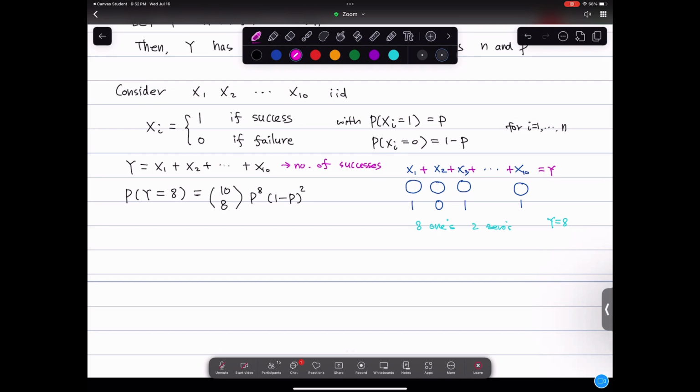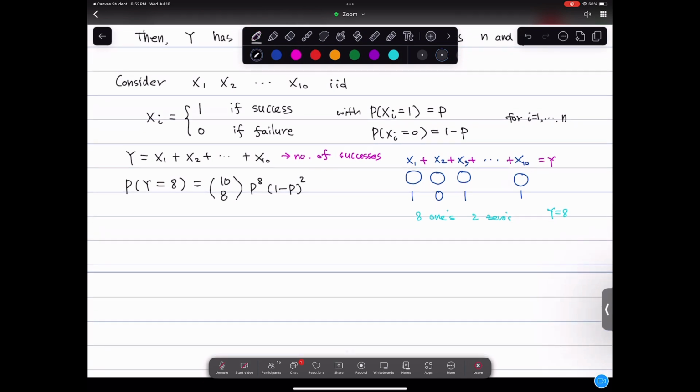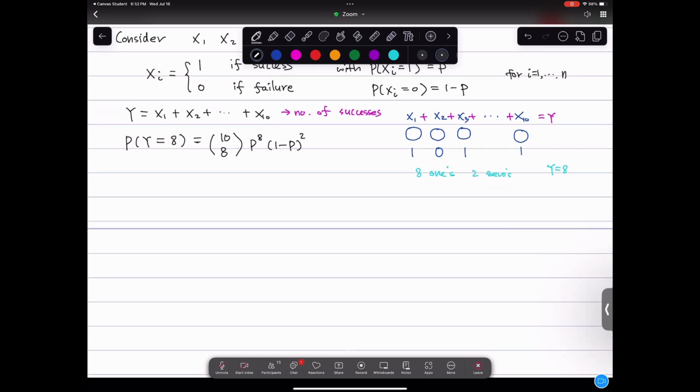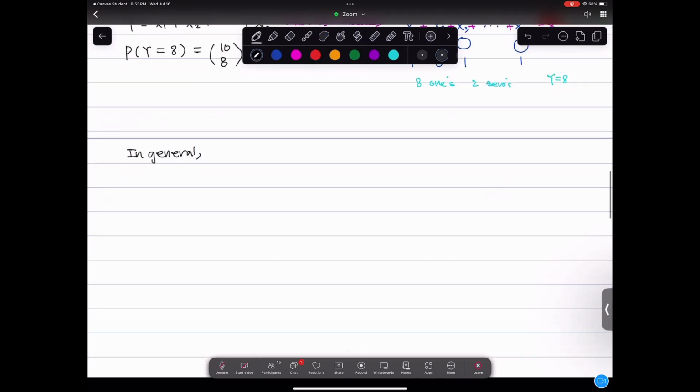So therefore, in general, what's going to be happening? You get your f of y. In general, your y is x1, x2, x3, dot, dot, dot, x of n.